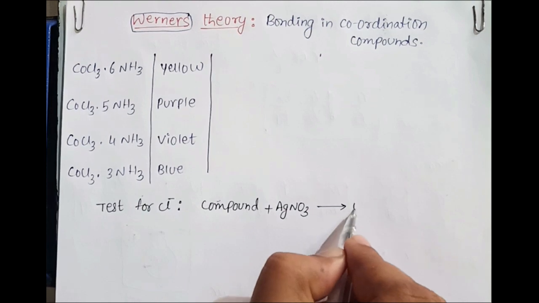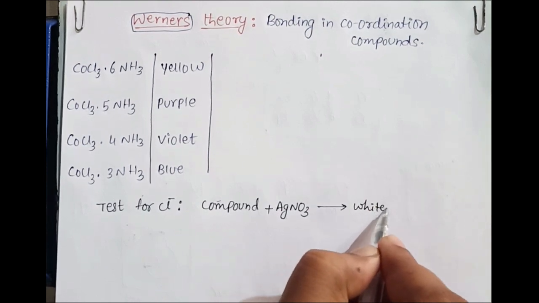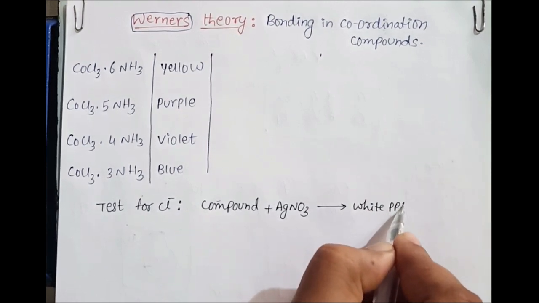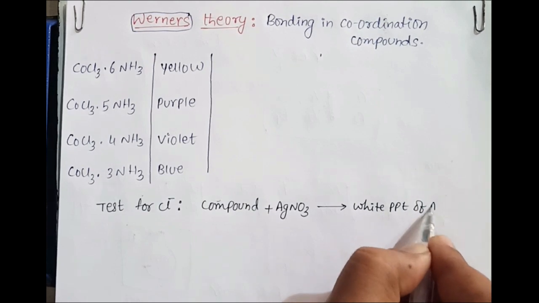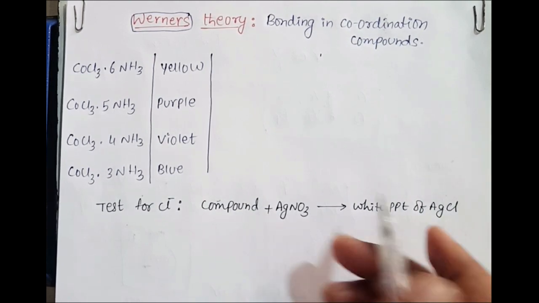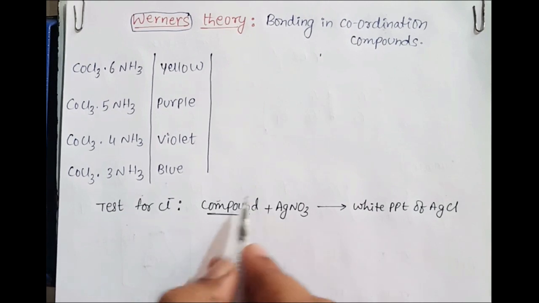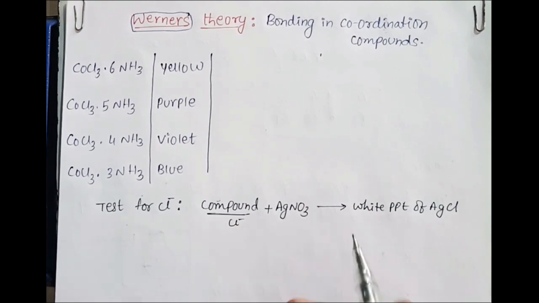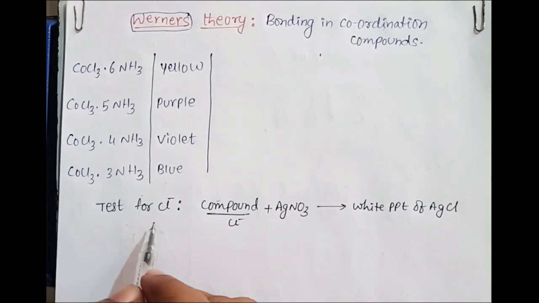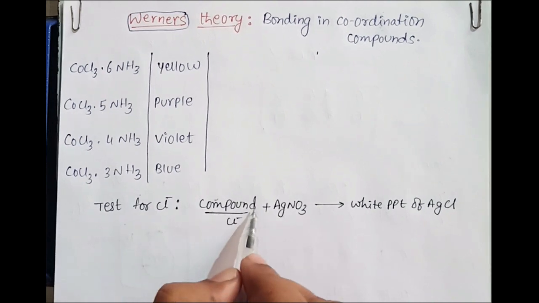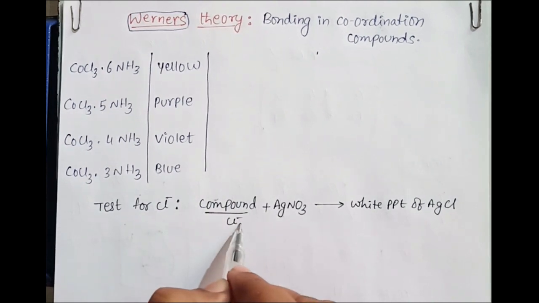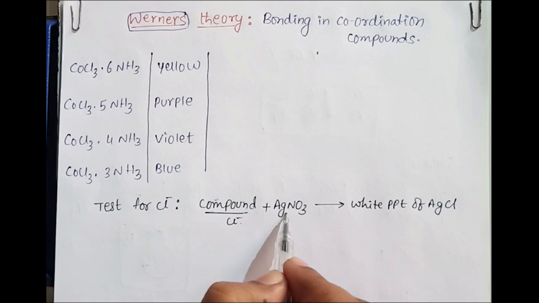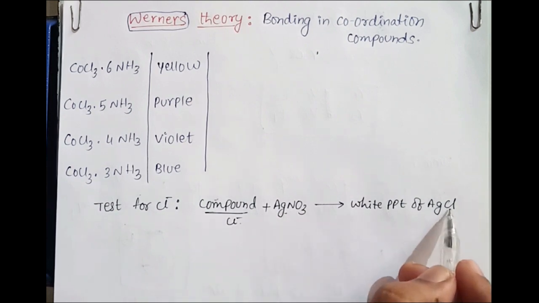You will get a white precipitate of AgCl if the compound has Cl minus. This is the test for detection of chloride ion.